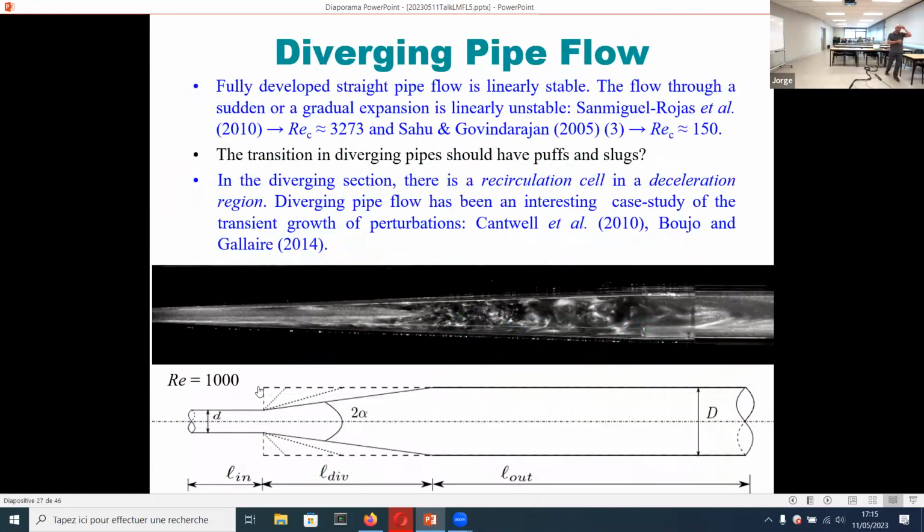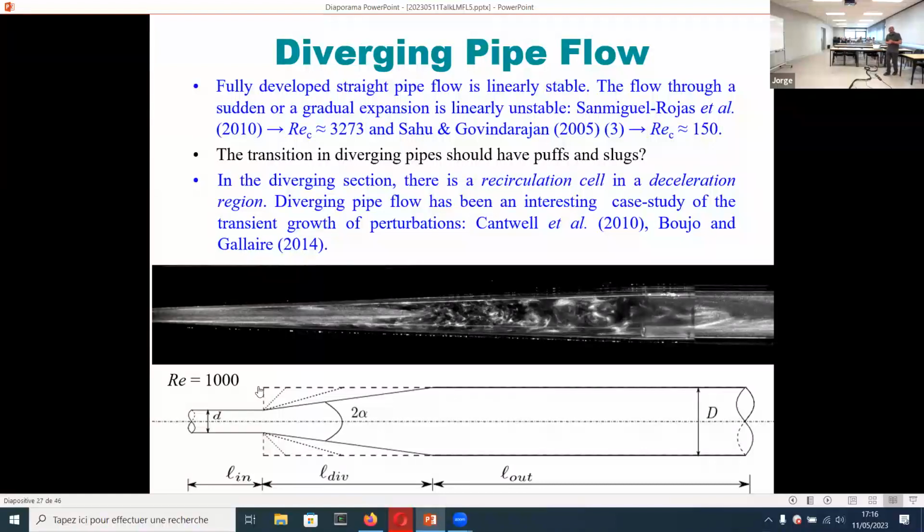We've also done experiments with divergent pipe flow. So now we are changing the geometry of our pipe a little bit. The divergent or expansion pipe flow is not stable for all Reynolds numbers. There is a linear stability limit.